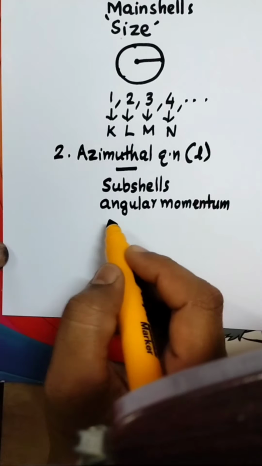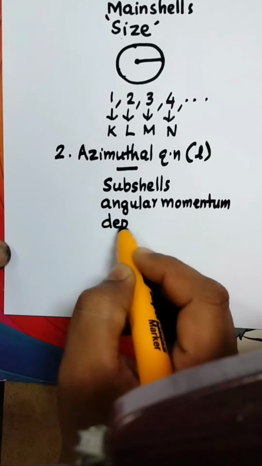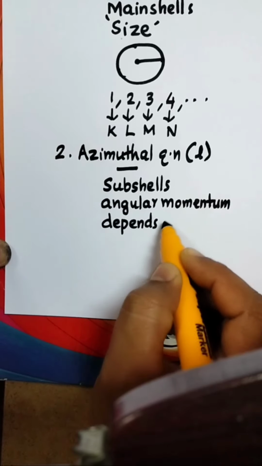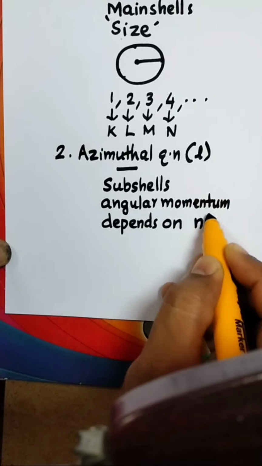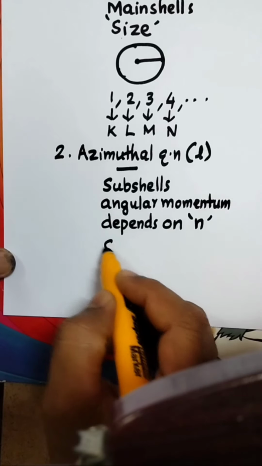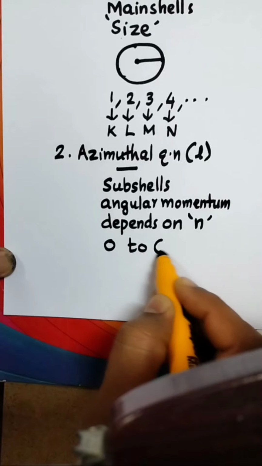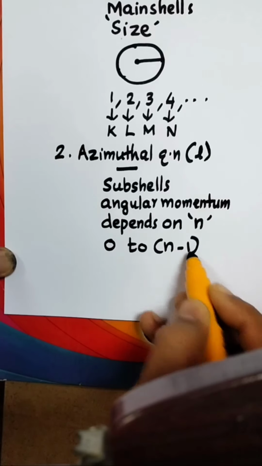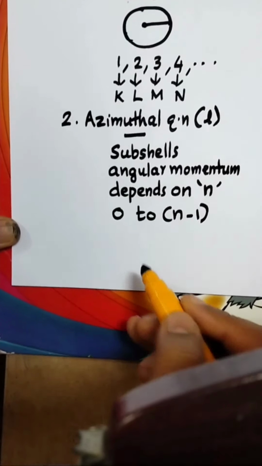Its values depend on the value of principal quantum number n, ranging from 0 to n minus 1.